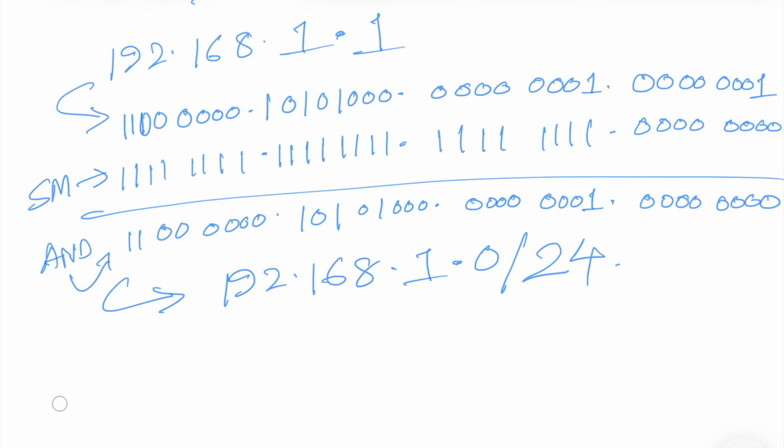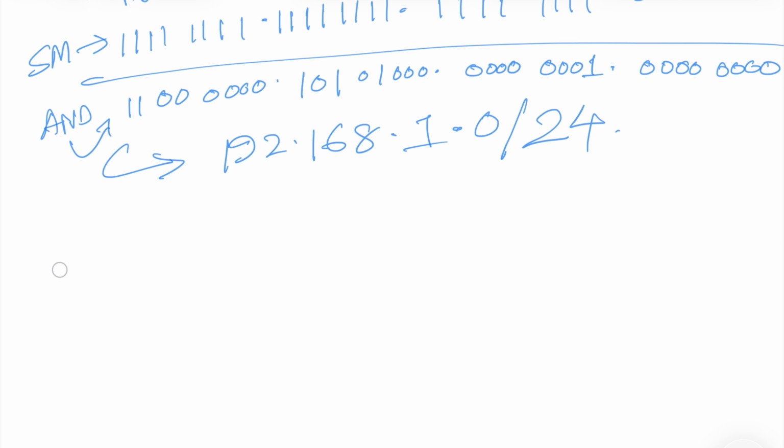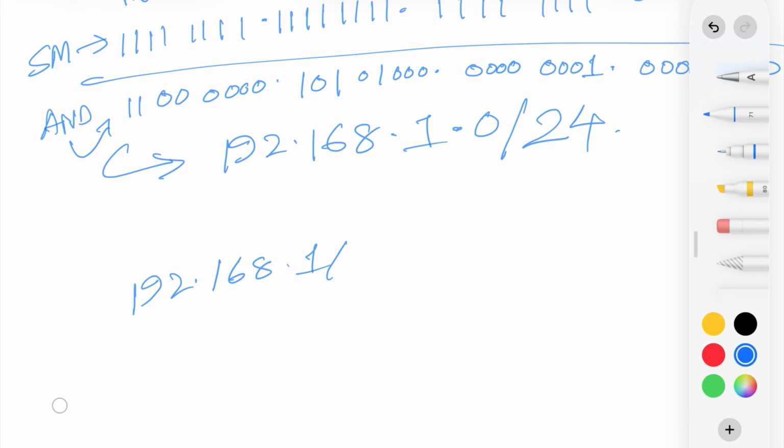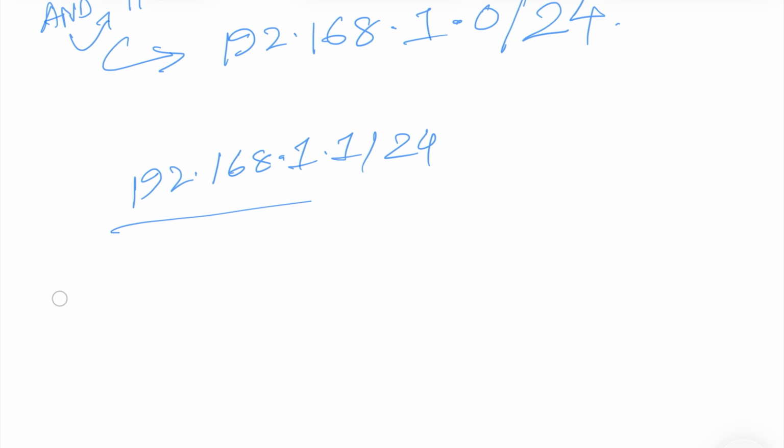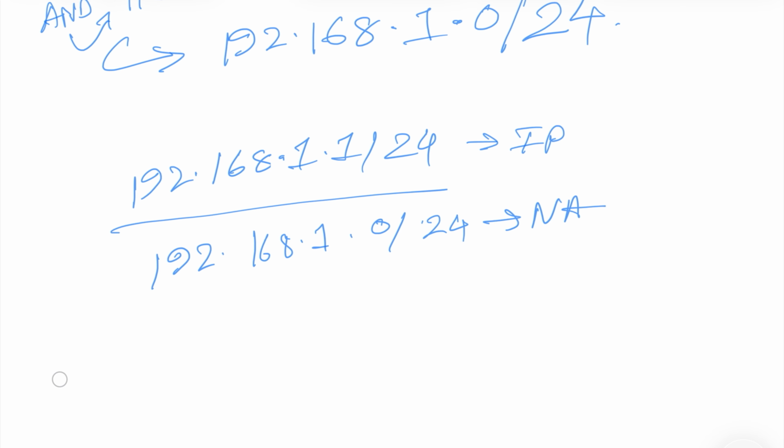So if you have been given an IP address with CIDR notation, something like this, that means this is the example of IP, and out of it, this is your network address, and this is your broadcast address.